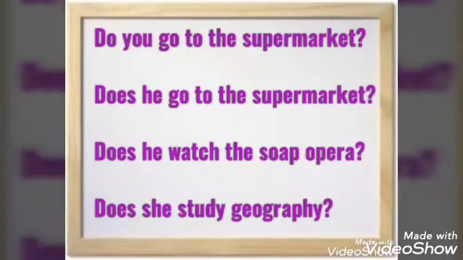I study geography. Does she study geography? I watch the soap opera every day. Does he watch the soap opera every day? I play the violin. Does he play the violin?